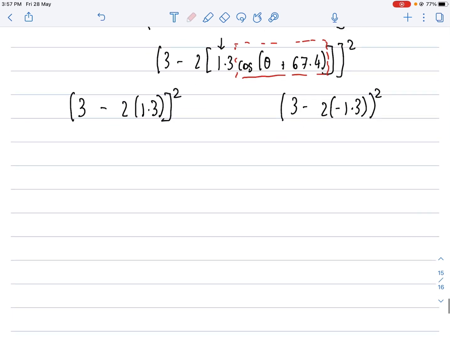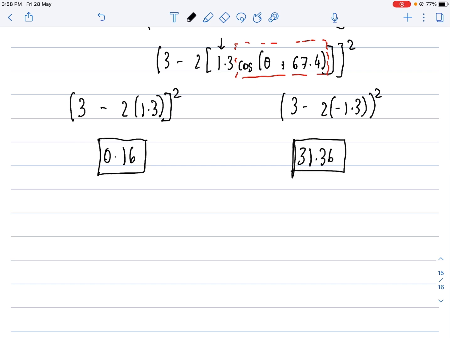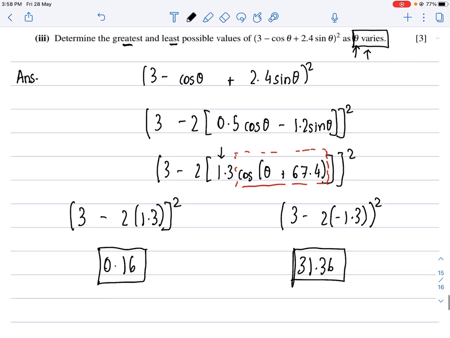Now I can calculate this on my calculator. When I do this, I get 0.16, and when I solve the other part, 3 minus 2 into minus 1.3, the whole squared, I get 31.36. So these are my two values, the greatest and least possible value when theta varies.